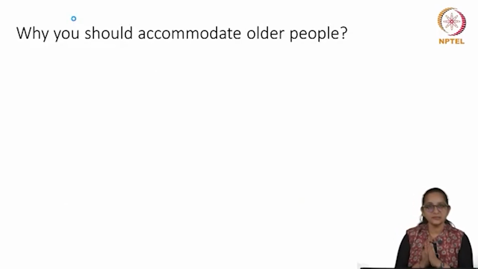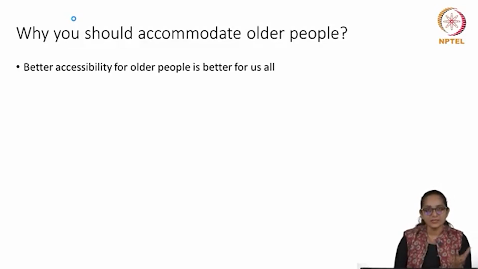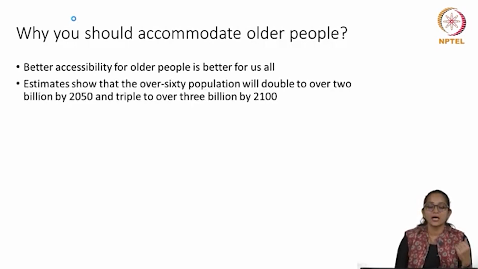First of all, let us ask the question why we should accommodate older users. One is of course the ethical as well as the responsibility aspect of it, that better accessibility for older people is also better for all of us from an inclusion perspective.